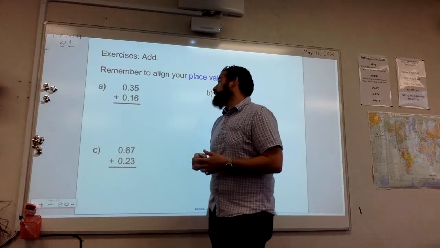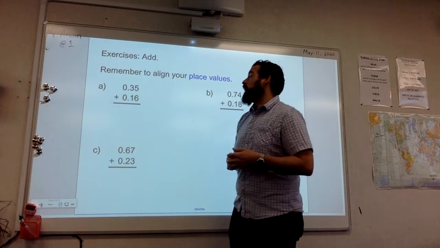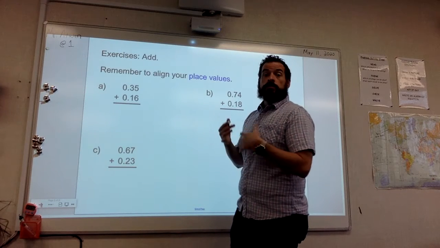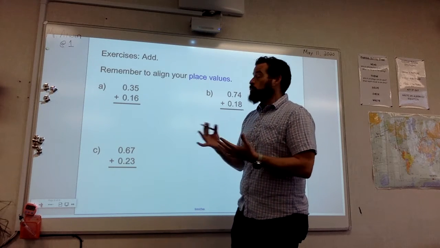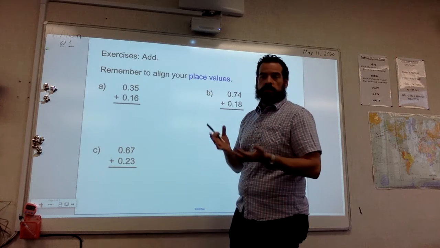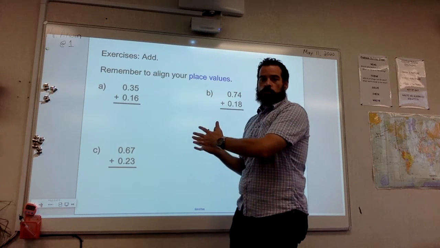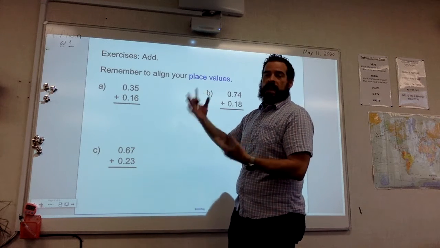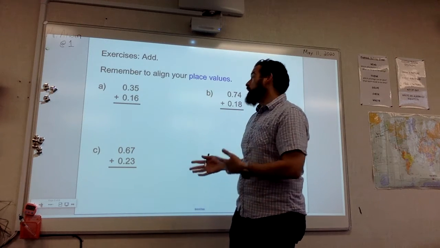Now here, in this first example, 0.35 plus 0.16, we're going to get into regrouping. Remember that regrouping with decimals works just the same way, because as we move to the left, each number is 10 times what was to the right of it.